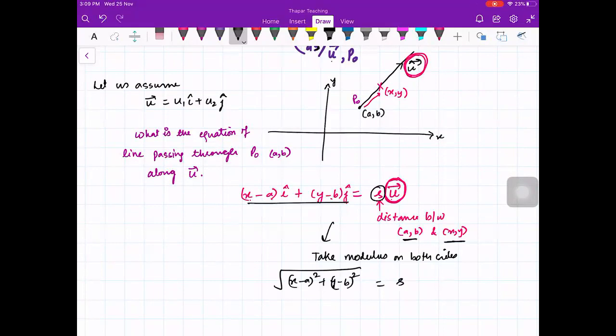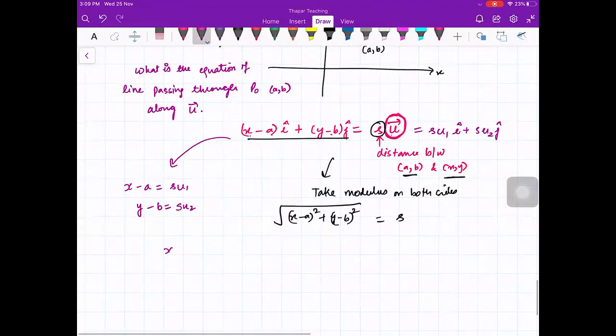Clear? So from here you can see x minus a is s into, I can write it as, s u1 i cap plus s u2 j cap. So x minus a is s u1 and y minus b is s u2. So your x is a plus s u1 and y is b plus s u2.